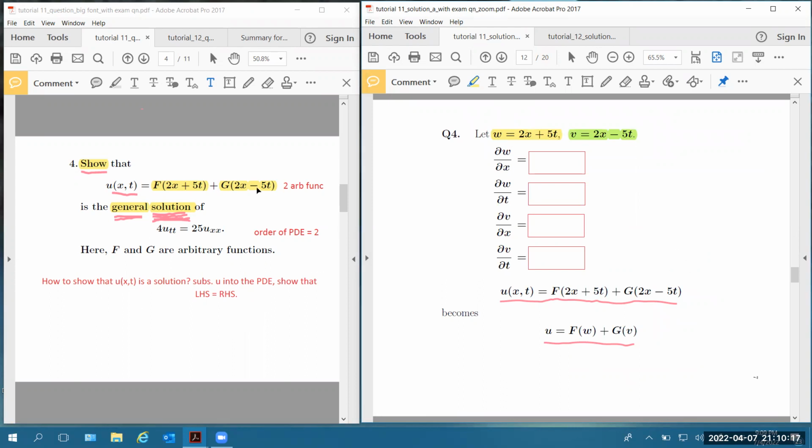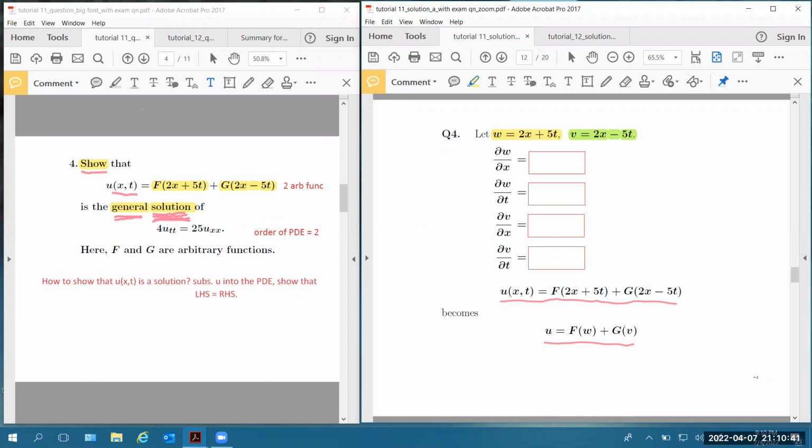Now our u(x,t), the one you want to show is a solution, is a function of 2x plus 5t and also a function of 2x minus 5t. These are going to be troublesome because it's not simply x and t; they involve both x and t.